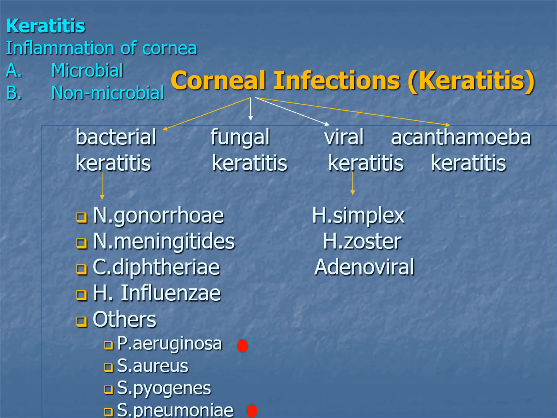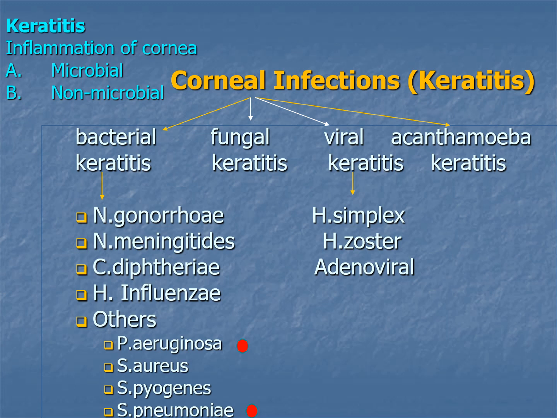Now come to the classification of the keratitis. Keratitis means inflammation of the cornea. It may be due to microbial causes or it may be non-microbial. The infections due to microbial causes are the bacteria, fungi, virals, and acanthamoeba. It is a protozoal keratitis.